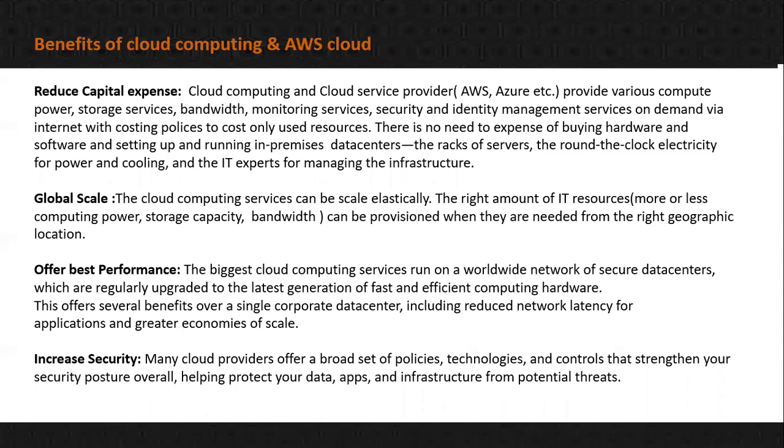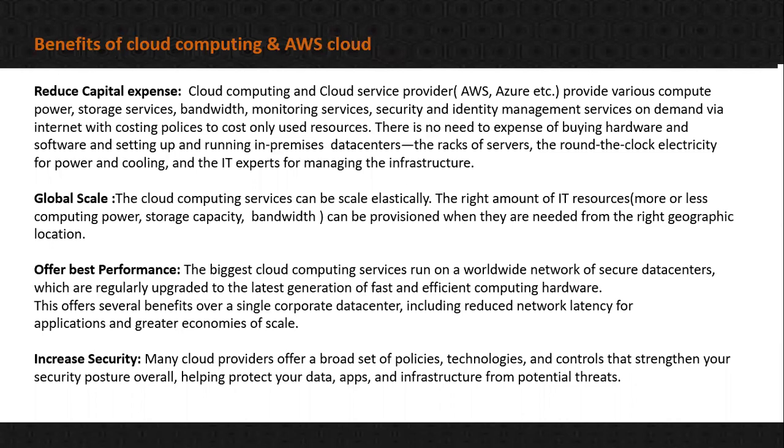Cloud service providers like AWS and Azure provide various compute power, storage services, bandwidth, monitoring services, security, and identity and access management services. In AWS we have IAM, Identity and Access Management.